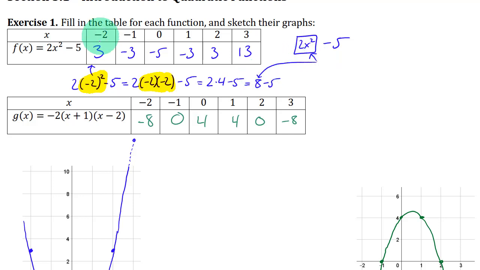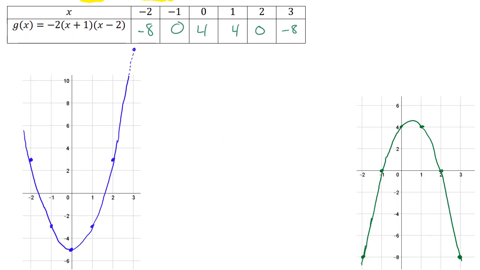For example, even when we plugged in -2, squaring -2 becomes positive. So this gives you a result that's always something positive minus 5. So you can see the y coordinates here always come out to be -5 or greater.